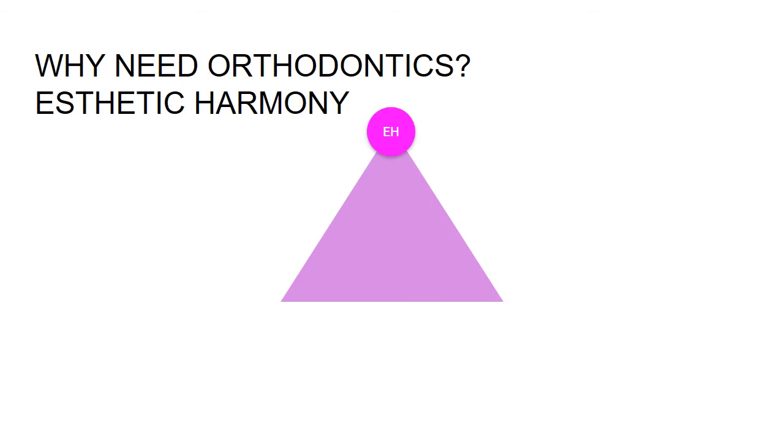This improves a person's self-esteem and self-confidence. This in turn improves the way society perceives the individual. It improves the societal status of the individual, improves his professional life and personal life directly and indirectly. That's the first reason to undergo orthodontics, and that's also the result, the positive influence of undergoing orthodontic treatment: improved aesthetics.